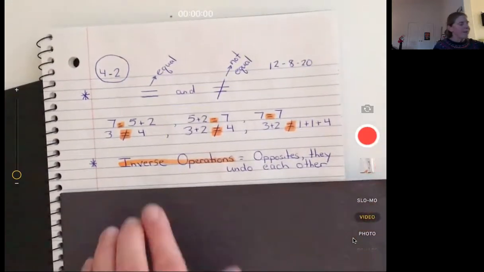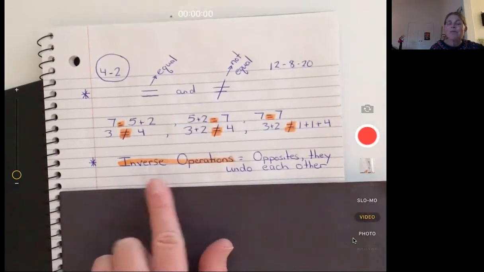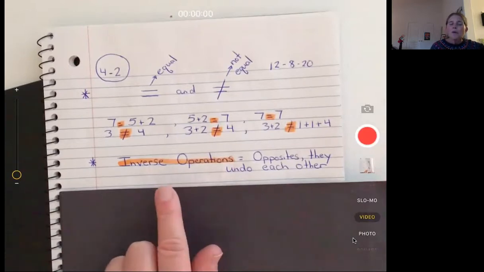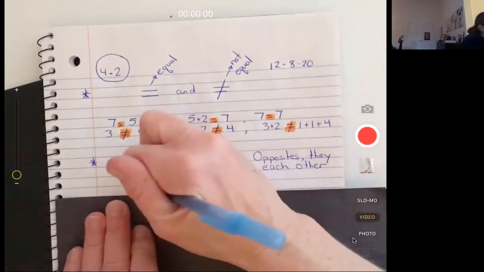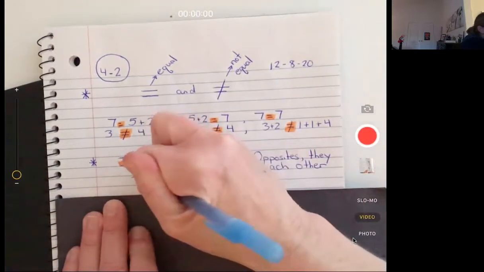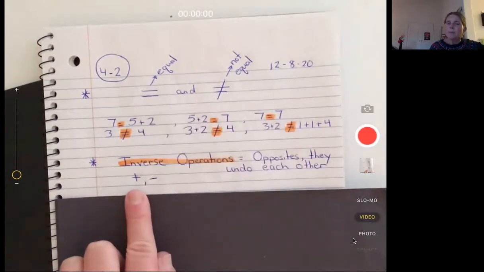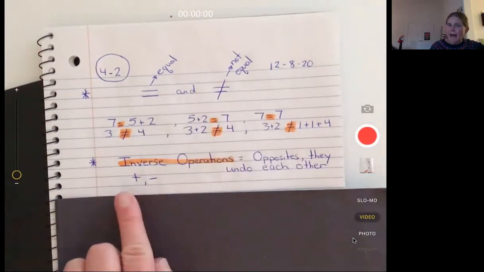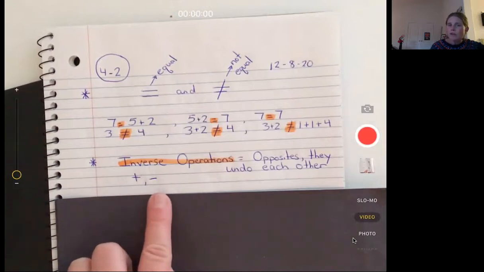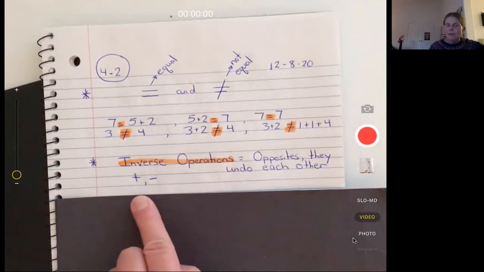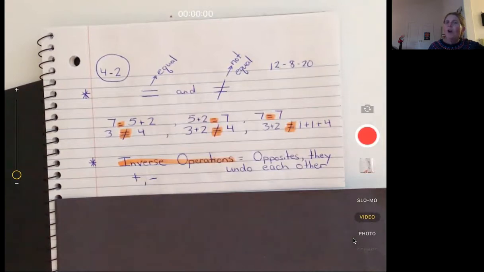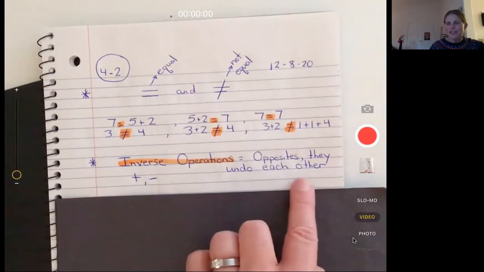Another term that we're going to practice is inverse operations. Today in our lesson, we are mostly going to be dealing with plus and minus. So those are sums and differences. When we add, it's a sum. When we subtract, it's a difference. I want you to know, as you do, I believe, that these two operations are the inverse of each other, right? They undo each other.